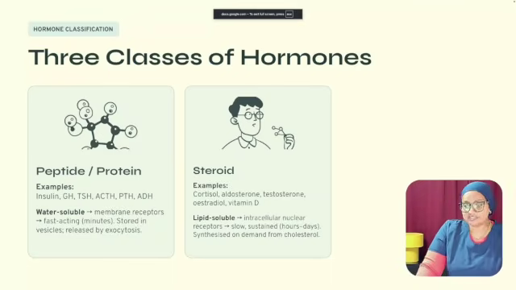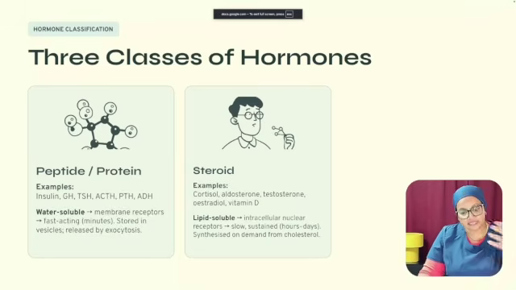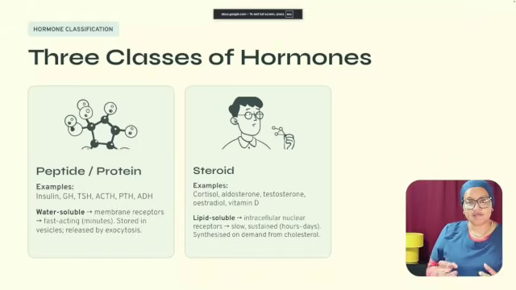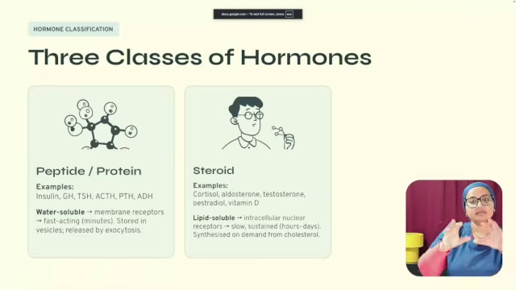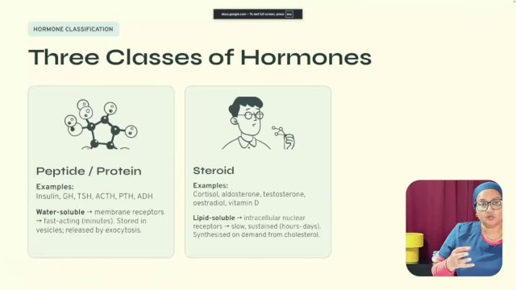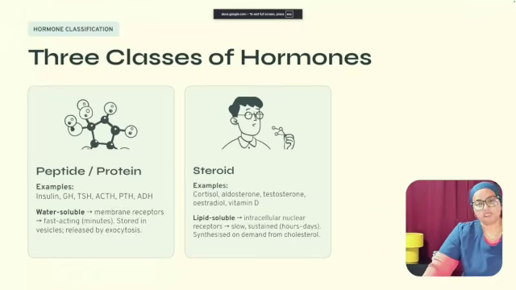Now, the second chemical class is called steroids. And these include things like cortisol, aldosterone, testosterone, estradiol, progesterone, and even vitamin D, the activated form of vitamin D, which is called calcitriol. They share the fact that they are derived from cholesterol. Cholesterol is the backbone. Being derivatives of cholesterol, which is one of the lipid molecules, they are lipid soluble by definition.